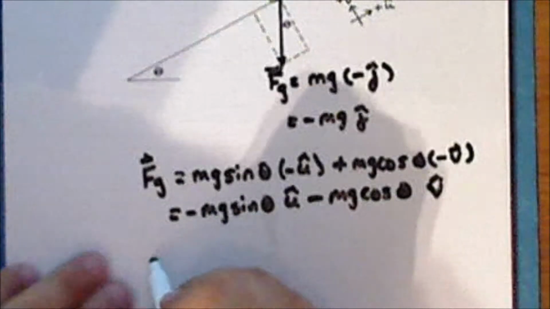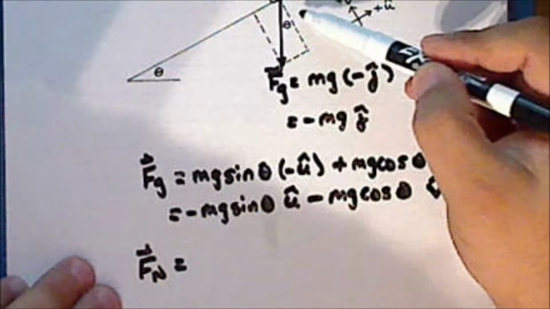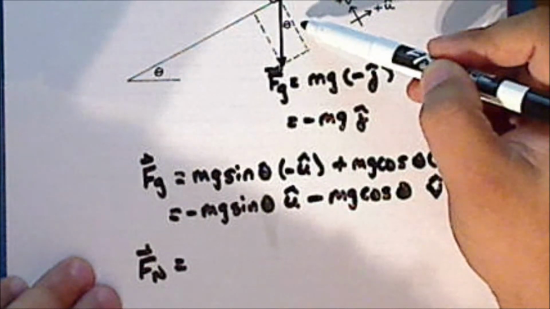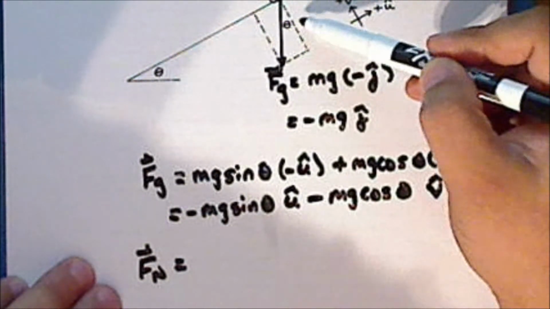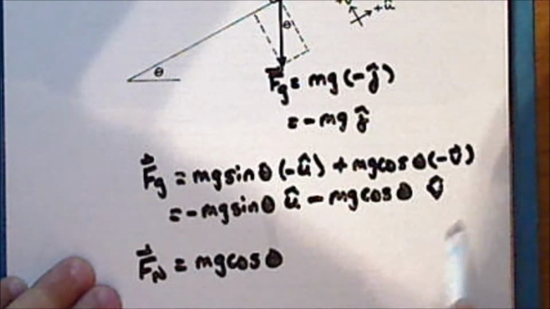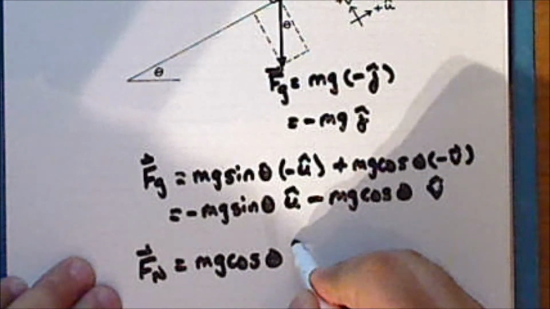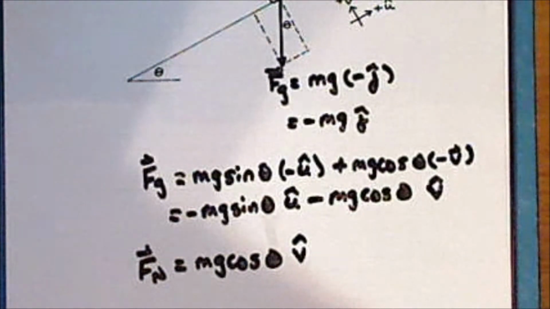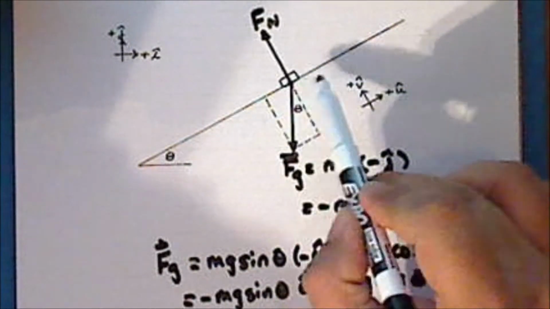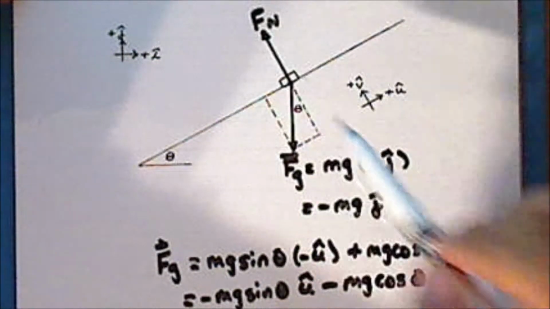And in this case, the normal force, which is balanced by this component of gravitational force, must have the same magnitude, which is mg cosine theta, and is directed in the positive v hat direction. Now, friction is an interaction between the surface of the object and the surface of the plane, and so friction is related to the normal force.